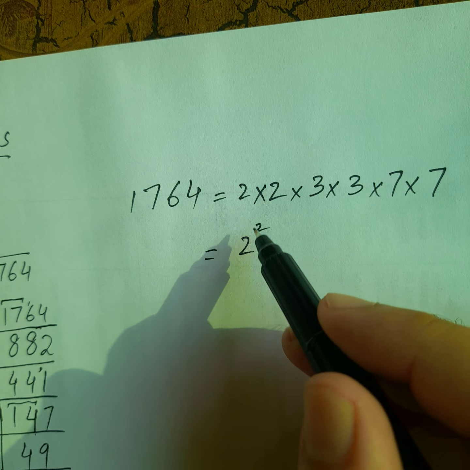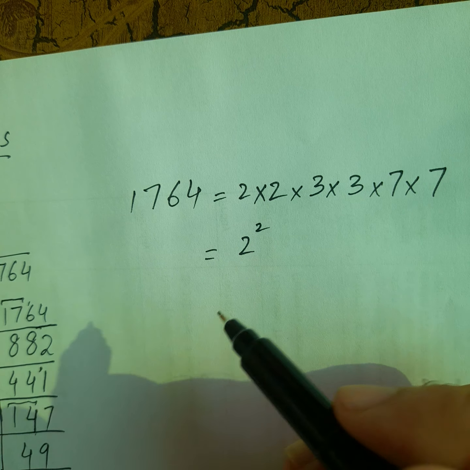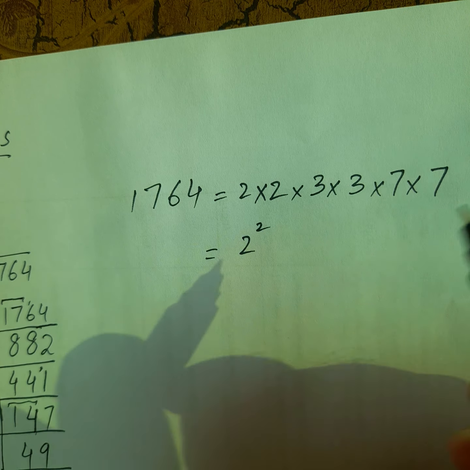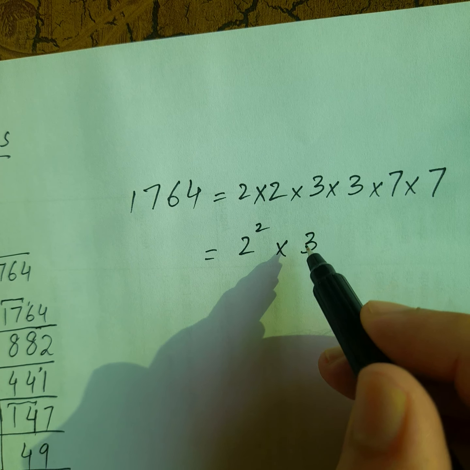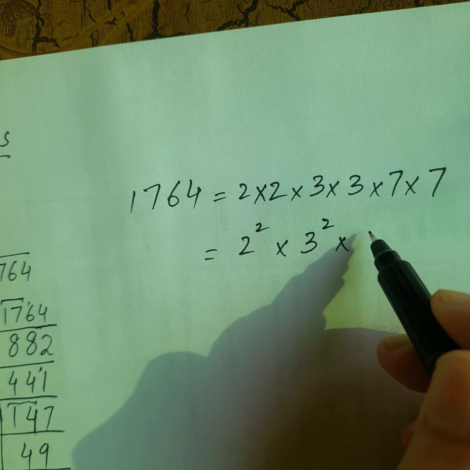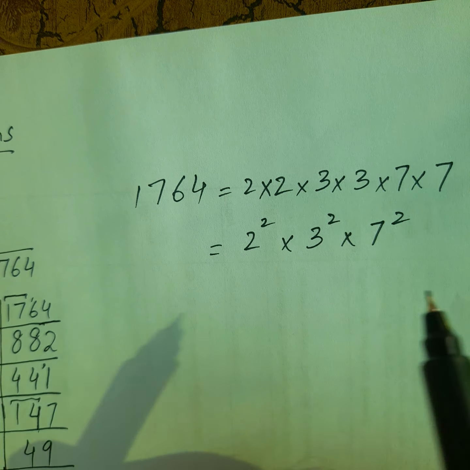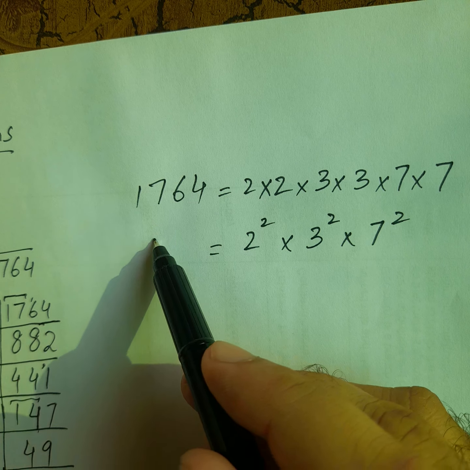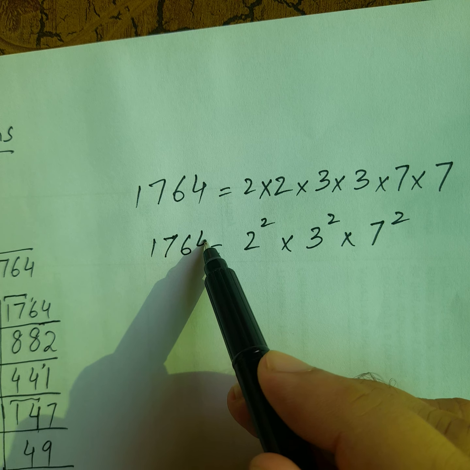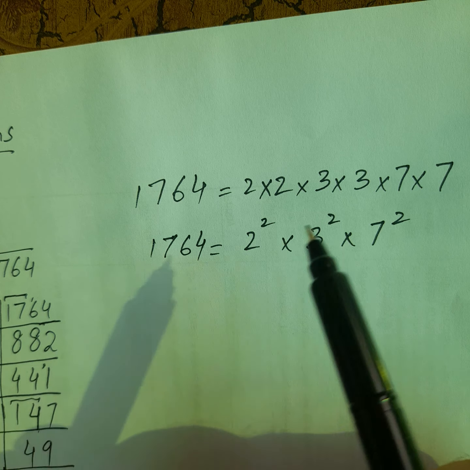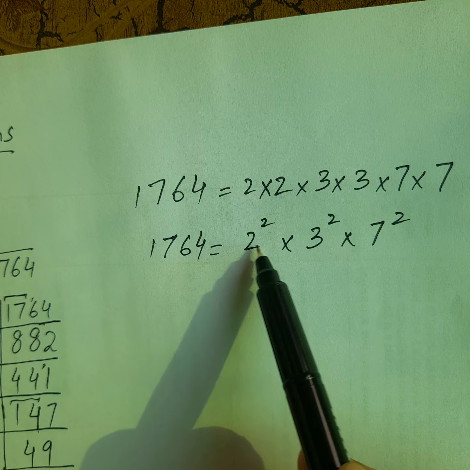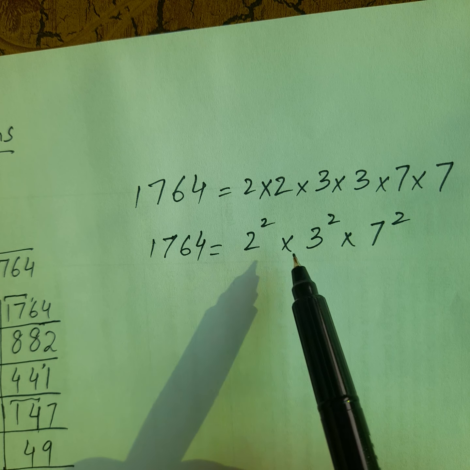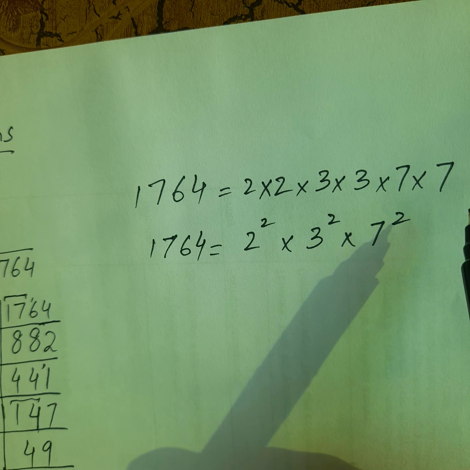The other name of the power is index, that's why we say it index notation form. Now again 3 raised to power 2 and 7 raised to power 2. So 1764 has the prime factors 2 square multiplied by 3 square multiplied by 7 square.